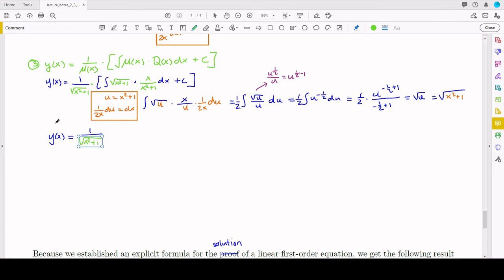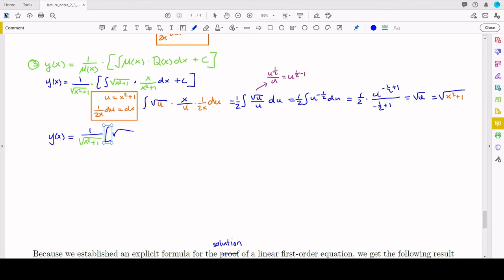Then this whole integral is equal to, this integral here was square root of x squared plus 1.